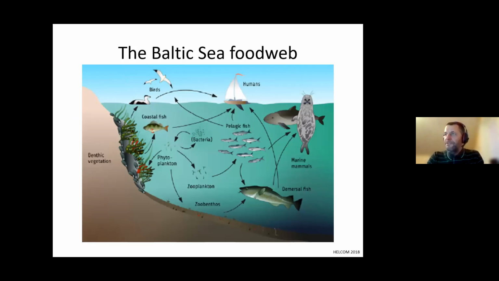A few words also on the Baltic Sea food web. While most of the dynamics of the organisms in the Baltic Sea is influenced by abiotic conditions, climate-related factors, and also salinity, there are also important food web connections.